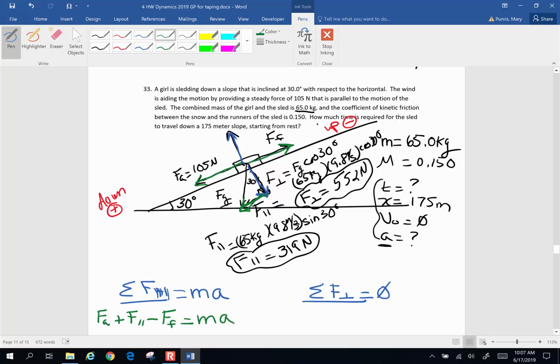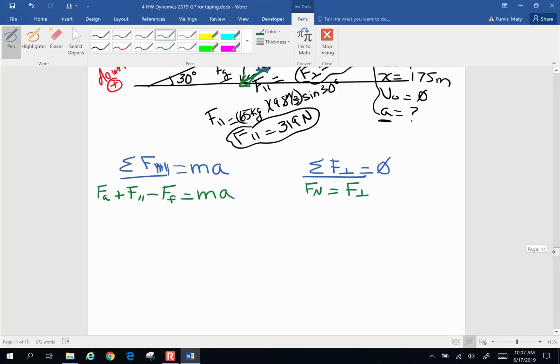That's my parallel equation. My force perpendicular, the up forces are going to equal the down forces. So my normal force is going to be equivalent to my force perpendicular.